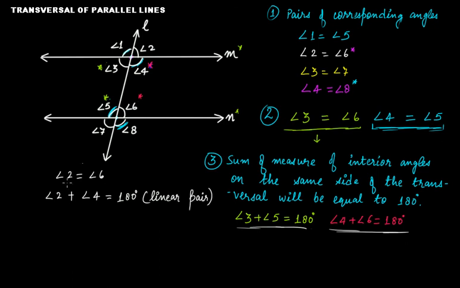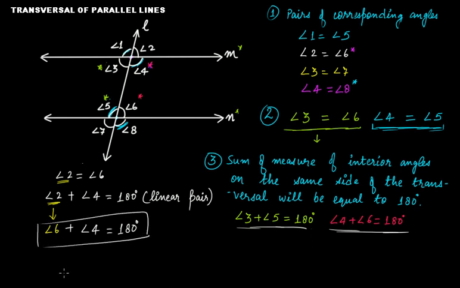So can we replace angle 2 with angle 6? If you replace angle 2 with angle 6, then angle 6 plus angle 4 will be equal to 180 degrees. That's what we had to prove.